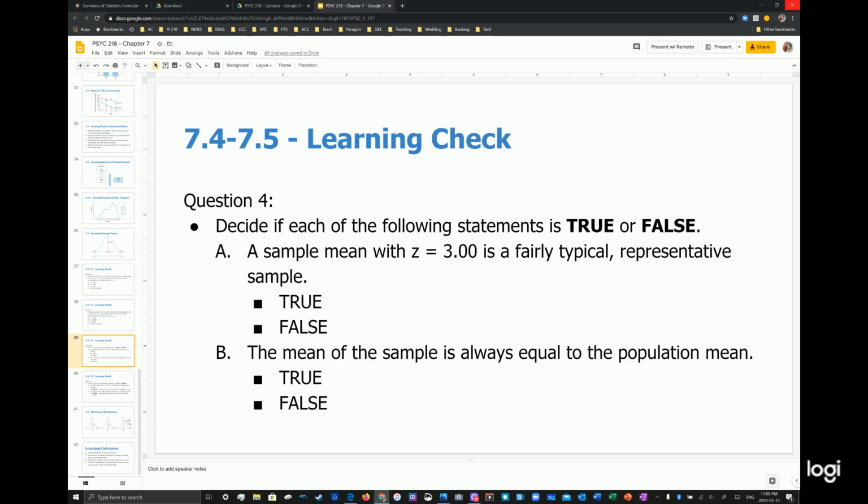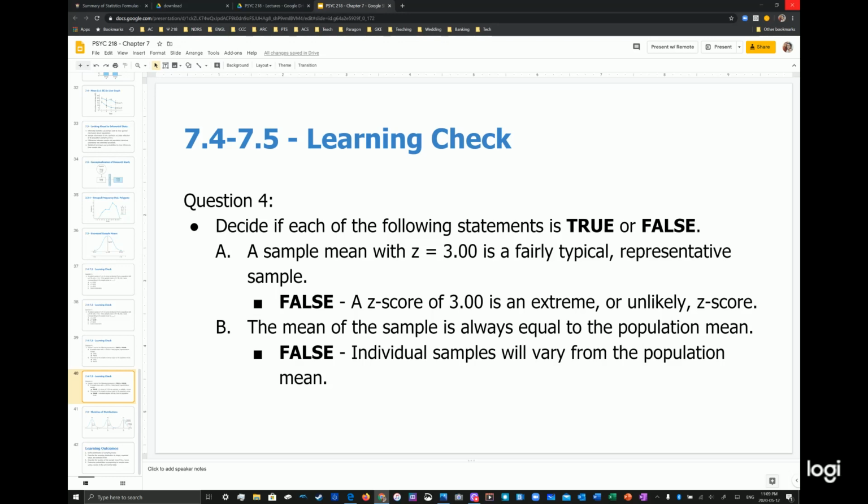So the scores seem pretty high. True or false for A. And for B: the mean of the sample is always equal to the population mean. Think about this one for a second, and when you read the question, make sure you know what distributions you're working with. Here it says the mean of the sample. You can pause and write your answers if you want.